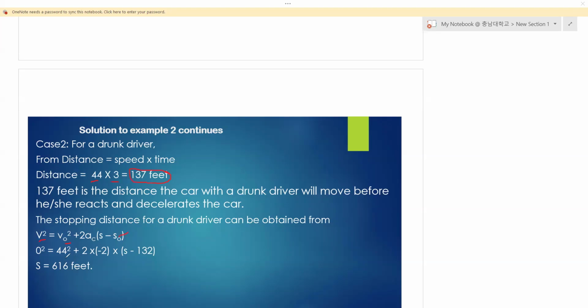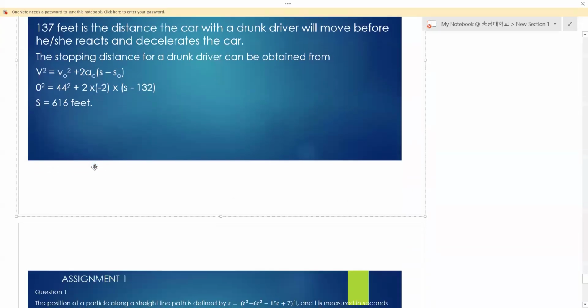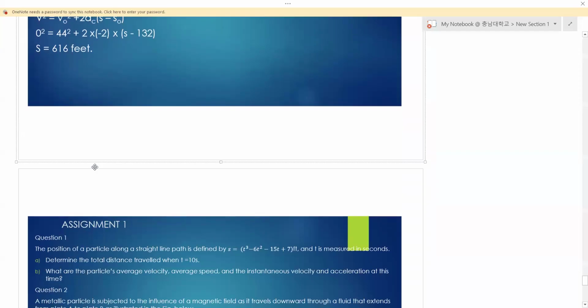So if we tabulate that, the total distance covered from the time of reaction to the time of applying the brakes would be 616 feet. So this is the total distance that the drunk driver will have covered.